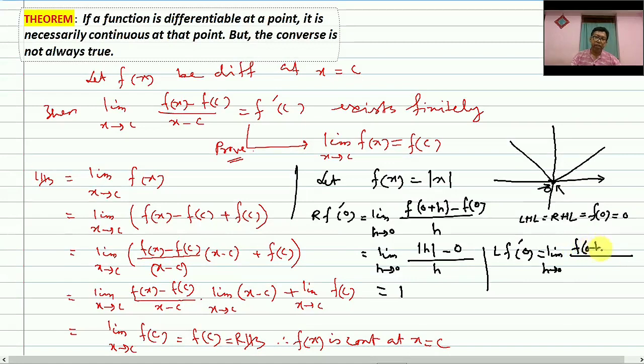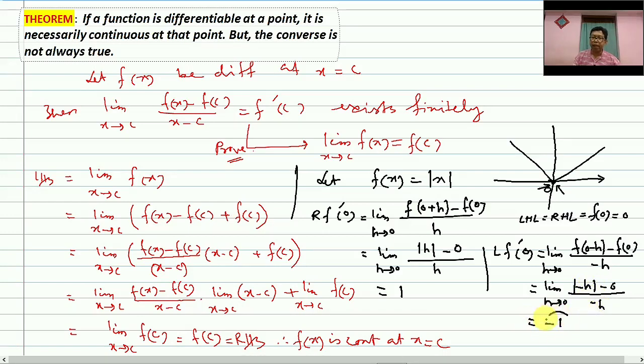Now the numerator, f(-h), means modulus of minus h, minus f(0). Obviously my f(0) is equal to 0 because modulus of 0 means 0, upon minus h. Now what is modulus of minus h? Modulus of minus h is equal to plus h. So plus h divided by minus h is equal to minus 1. So this is minus 1.